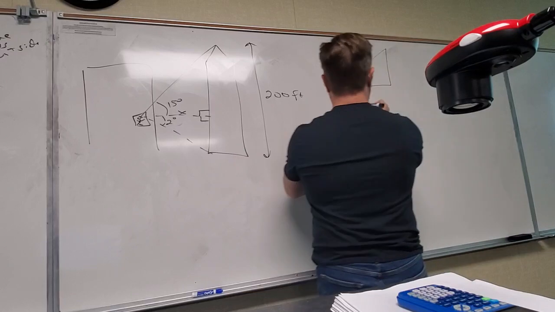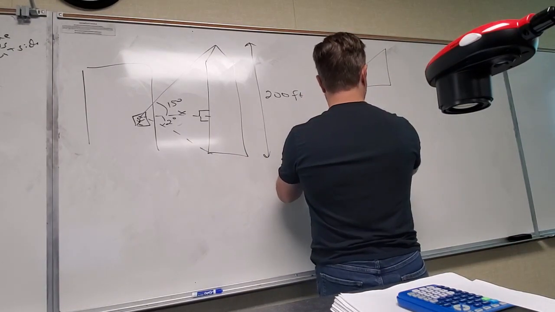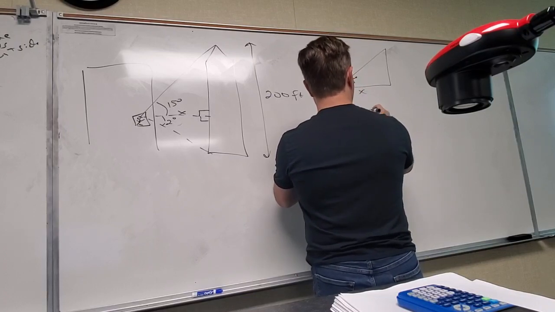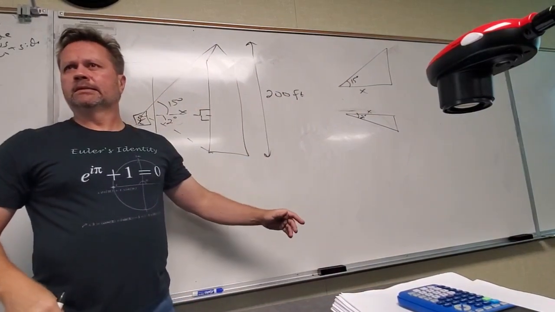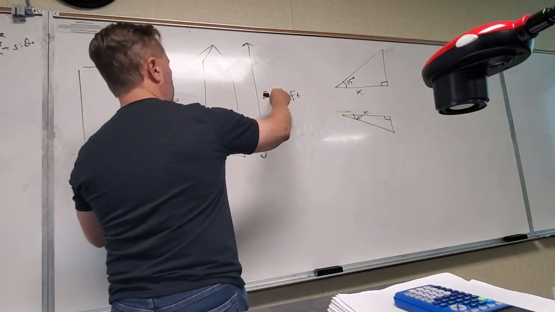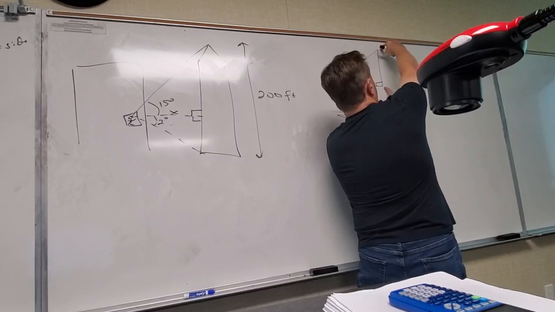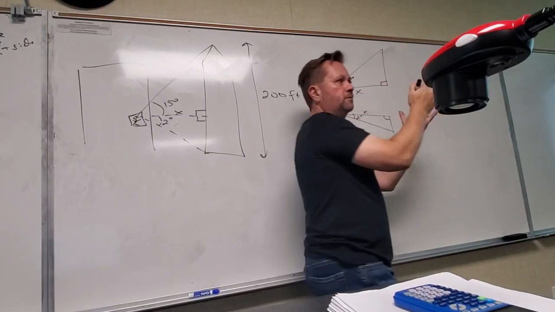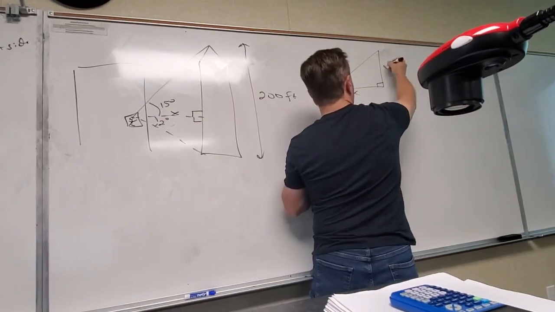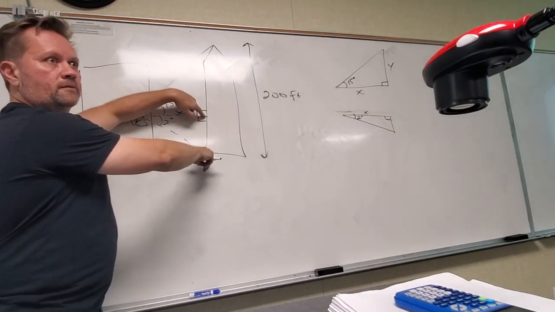It doesn't matter, Jeff. 2 degrees, X. Right? Now, what's interesting is how long is this? I don't know. So what do you want to call it? Y. And then what must the other one be? 200 minus Y.